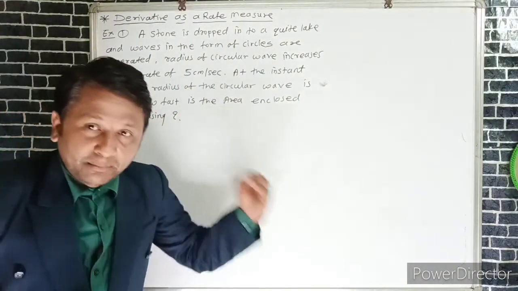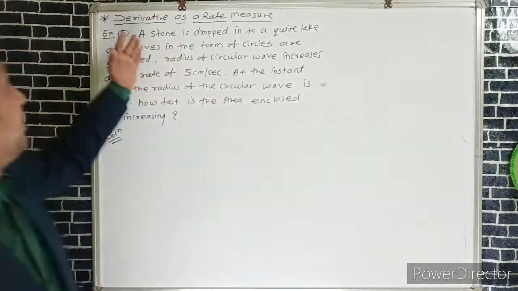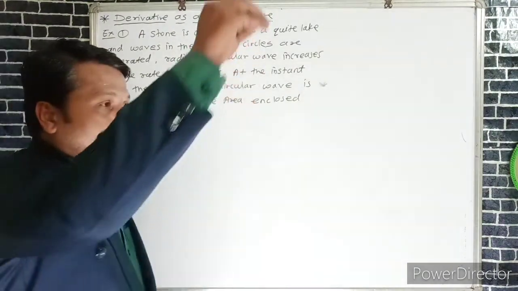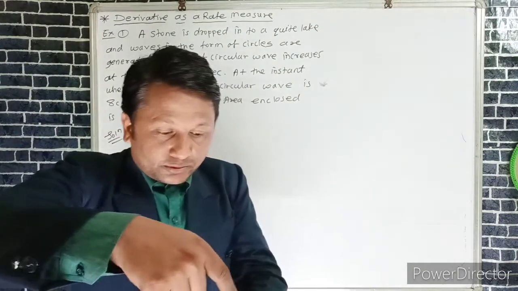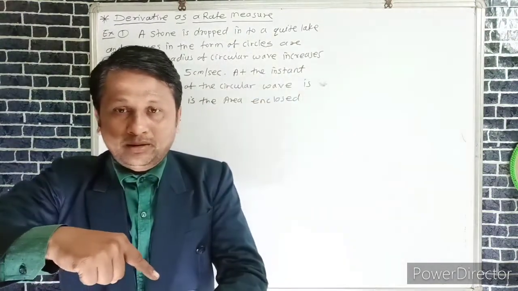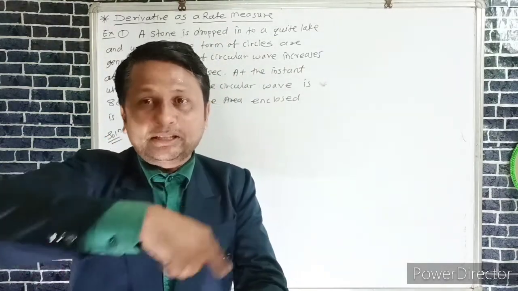So it is simple to solve, which is calculus. A stone is dropped in a quiet lake. After dropping the stone, waves form in the form of circles. As time increases, the radius also increases.